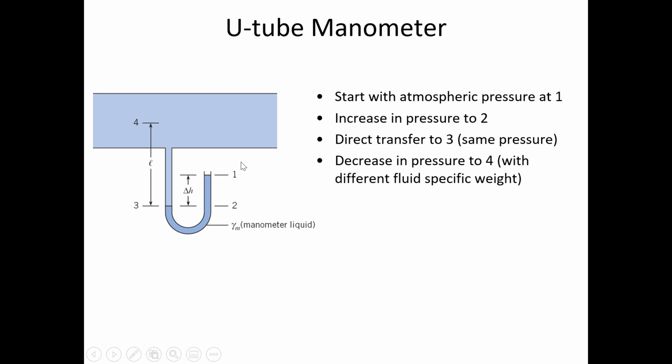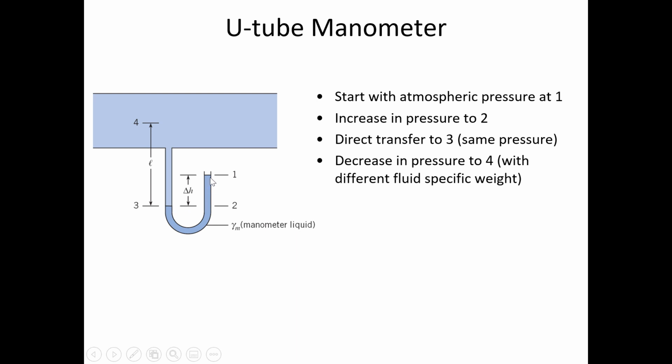If we're in absolute terms, then it would be 101,325 pascals. If we're thinking in gauge terms, we just say the pressure is 0 here at this interface between the gas and the liquid. And then we go from 1 down to 2. Now, why is 2 there? Well, it's because there's a layer on the other side of the U-tube.